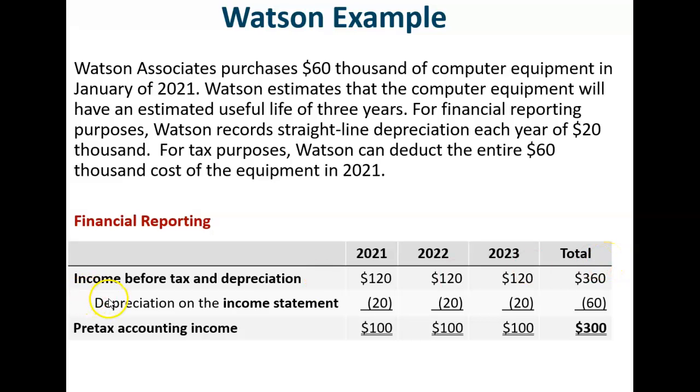Depreciation straight line would reduce that $120,000 of income by $20,000 each year, so that pre-tax accounting income each year is $100,000, for a total of pre-tax accounting income for all 3 years of $300,000.